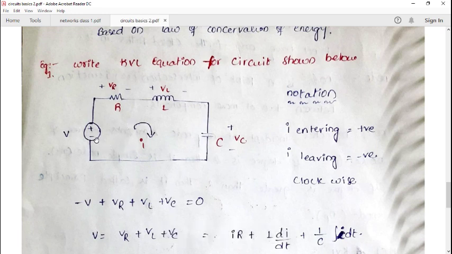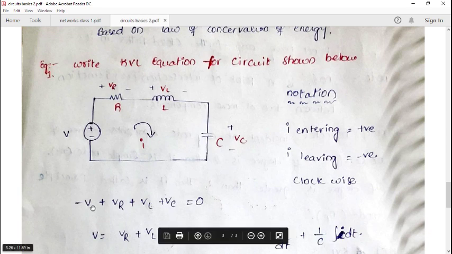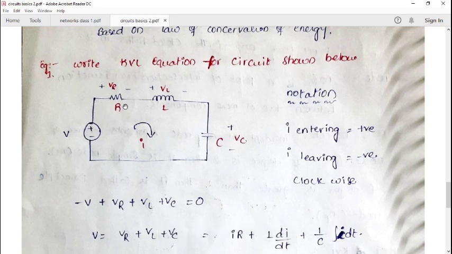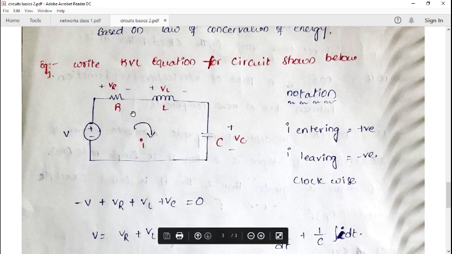Let us move from here. The current will start from here. Current is leaving from this point, so we took it as negative sign. Current entering here, so voltage across resistor is VR. So we write it as VR, and similarly inductor and capacitor.